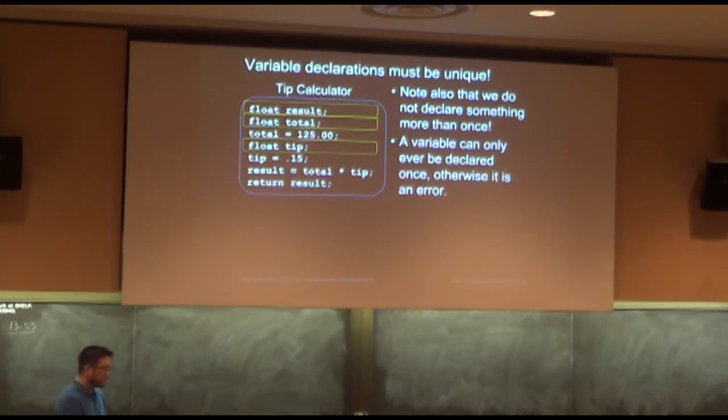Another important thing to know is that variable declarations have to be unique. So when I declare a variable, it has to have a specific name. That name is sensitive to capitalization. And you can't have another variable of the same name, even if that variable has a different type.